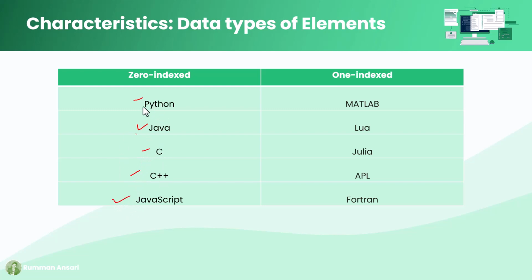All these programming languages are zero indexed, meaning all the array concepts here start with 0. On the right side you can see MATLAB, Lua, Julia, APL, Fortran. For all these programming languages the index starts from 1. That is why these are called one indexed array programming languages, and the others are zero indexed. Okay, so I hope now it's clear.